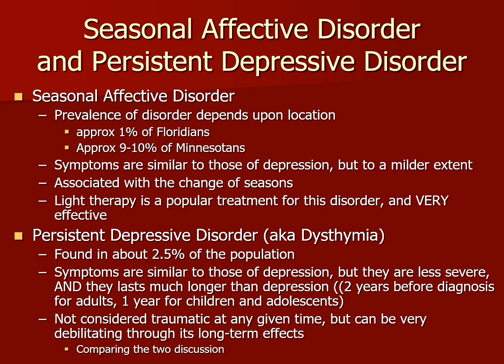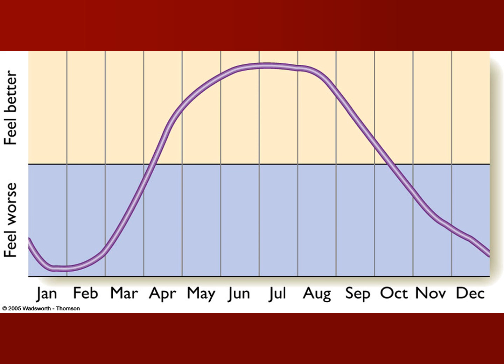The catch is that there is a big difference between this disorder and depression, because this one is cyclical. When people get to the summer months, their moods tend to change. In fact, most people who struggle with seasonal affective disorder feel really, really good during the summer.